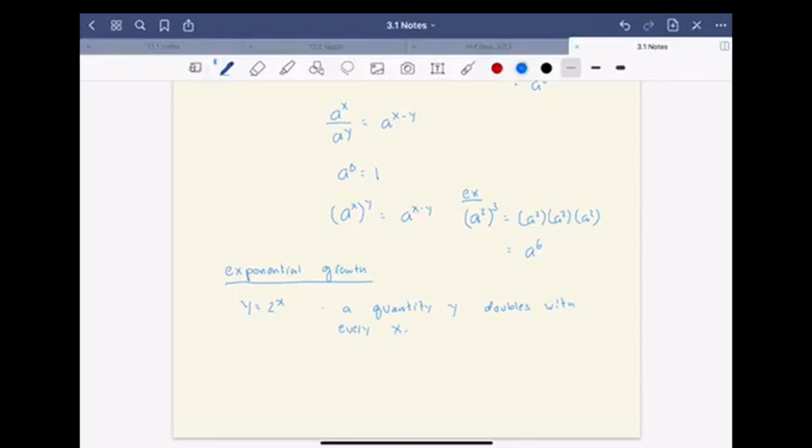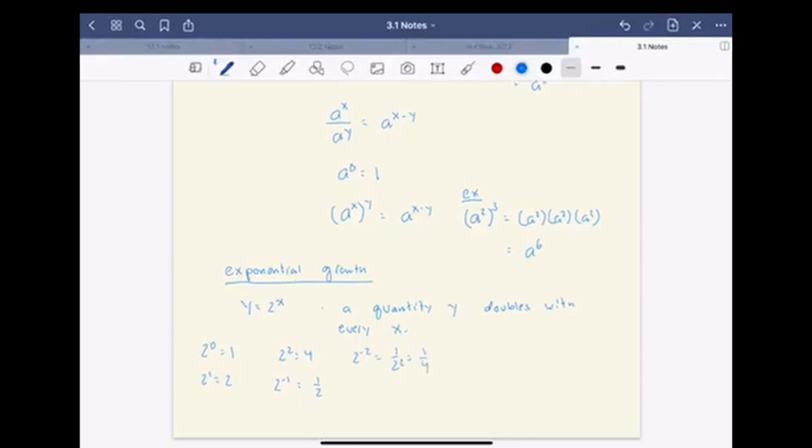So 2 to the 0 is 1. 2 to the 1 is 2. 2 squared is 4. Let's do 2 to the negative 1. 2 to the negative 1 is 1/2. And 2 to the negative 2 is 1 over 2 squared, which is 1/4.